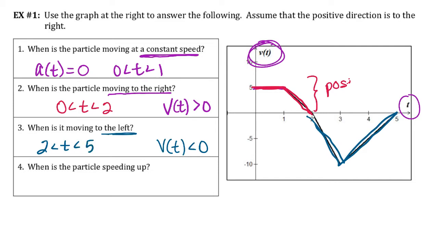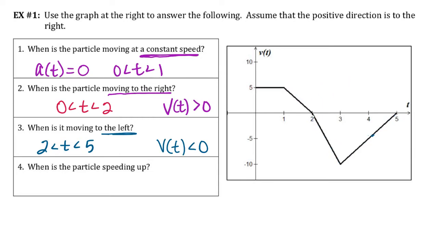Okay, now the next part, and I'm going to erase all that I put on this graph because next they're talking about speeding up. And we were just looking at speed is going to be the absolute value of velocity. So if speed's the absolute value of velocity, we can make a speed graph.